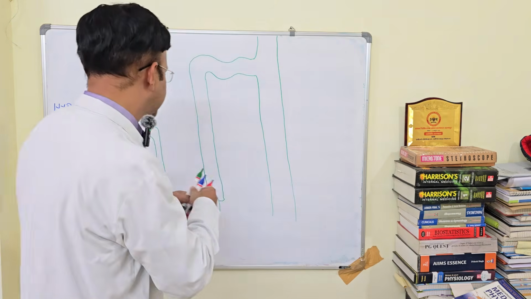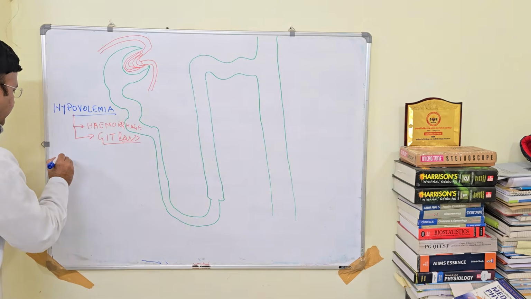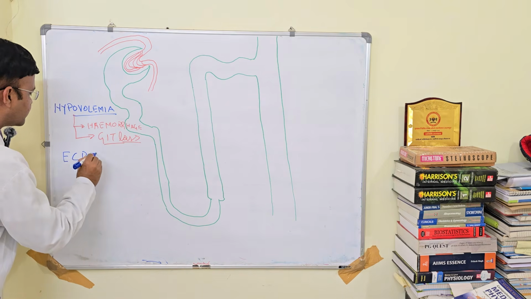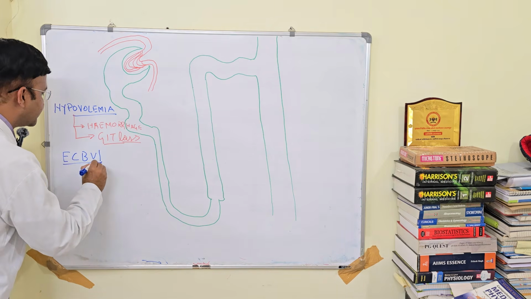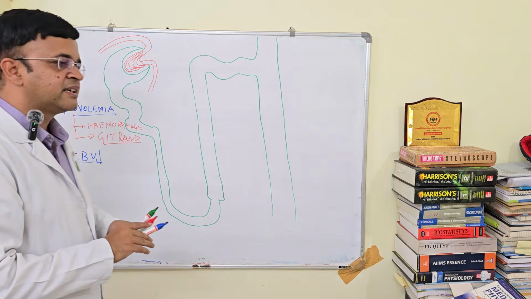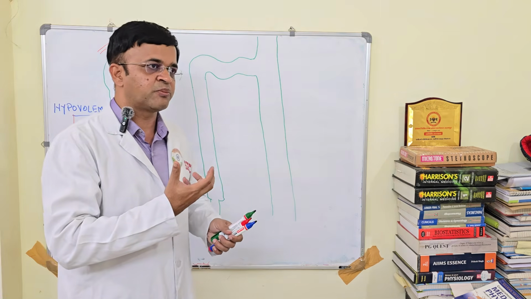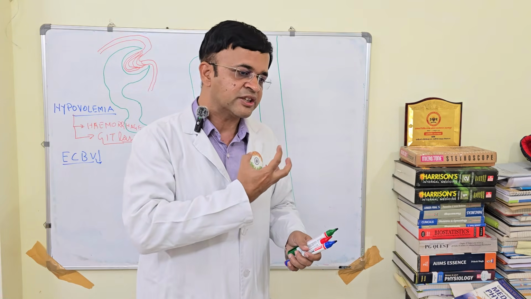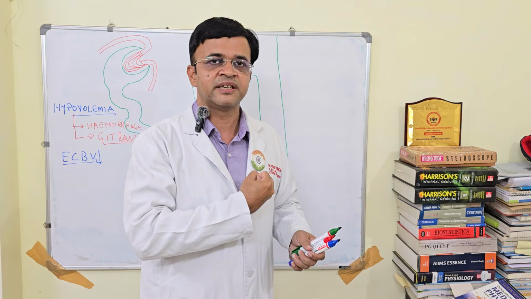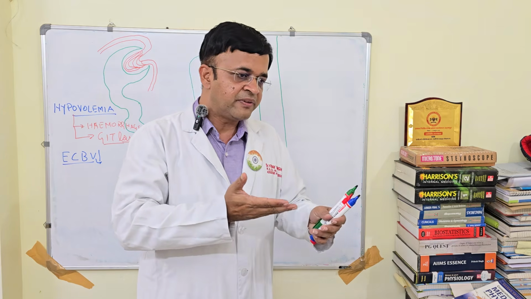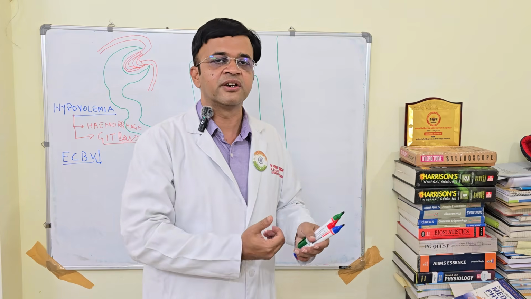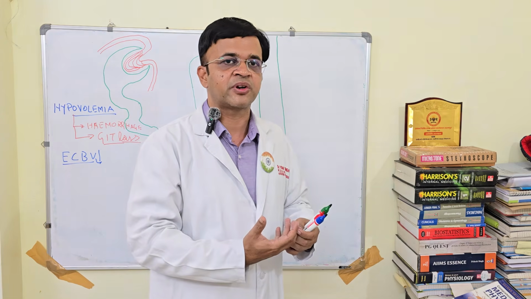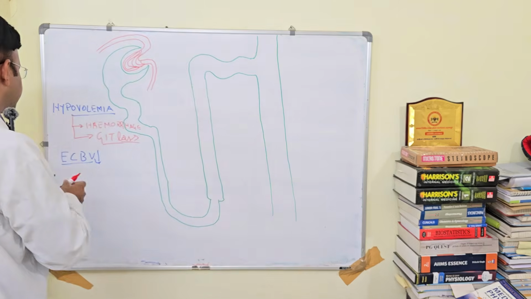Let's write in short form: effective circulating blood volume. Most important condition is heart failure. The blood volume is normal, but the heart is not pumping effectively, so the blood flow will be very slow in your renal vasculature. So the kidney is going to think that there is less blood inside the body. So, heart failure.